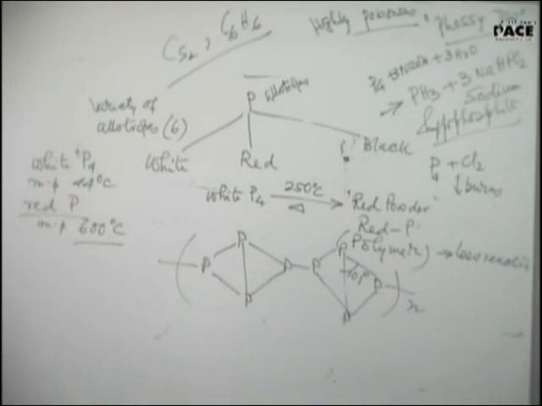White phosphorus exists as an individual P4 molecule. But in red phosphorus, you have a large number of P4 molecules attached to each other, giving rise to a polymer. And the polymer is always less reactive than a monomer.